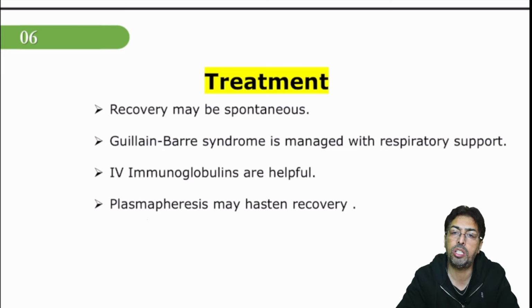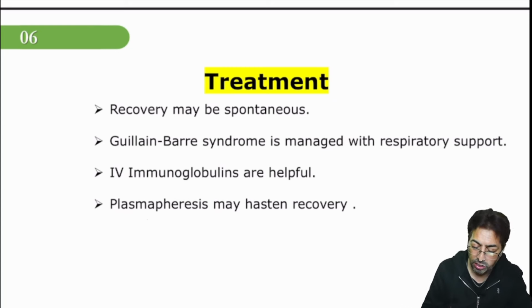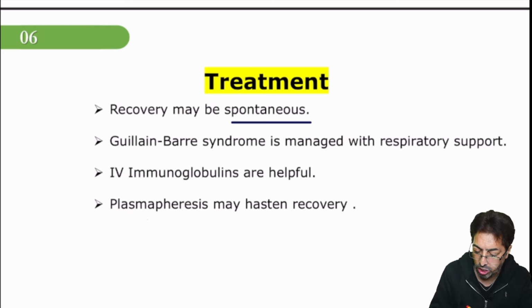Now, treatment depends upon the severity of the infection. In many cases, Guillain-Barré syndrome is self-resolving. There is no need of any intervention and the patient gets well on his own. But in certain cases, you have to monitor the patient, as recovery is spontaneous.